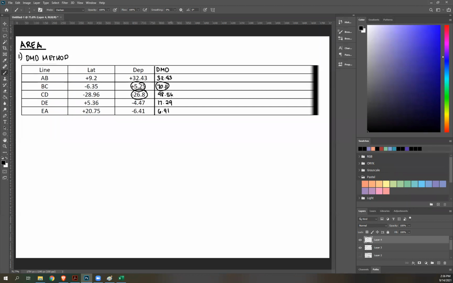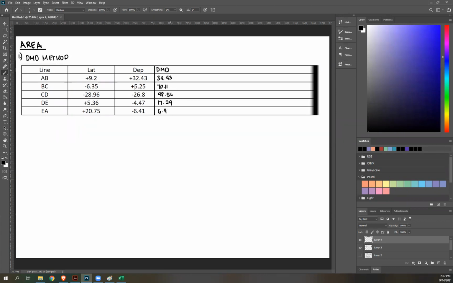You get 48.56. And then now for DE, that's 48.56 minus 26.8 minus 4.47. You get this. And then finally, for EA, 17 minus 4 minus 6, you get this. Okay? Did you get the computation now?